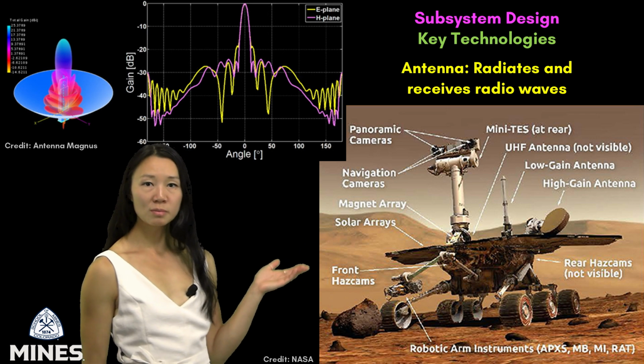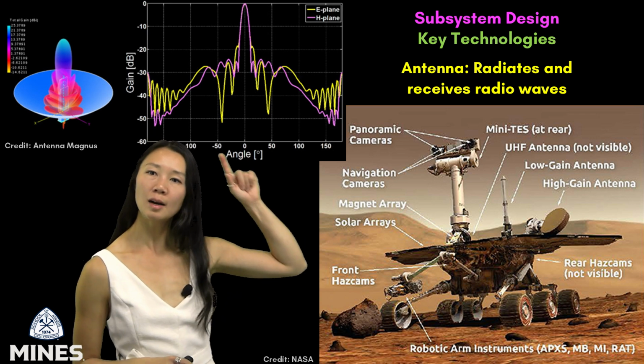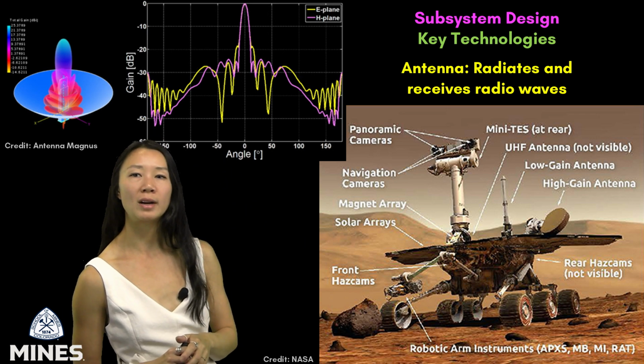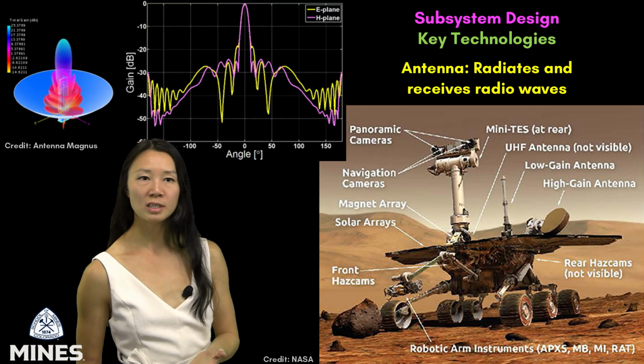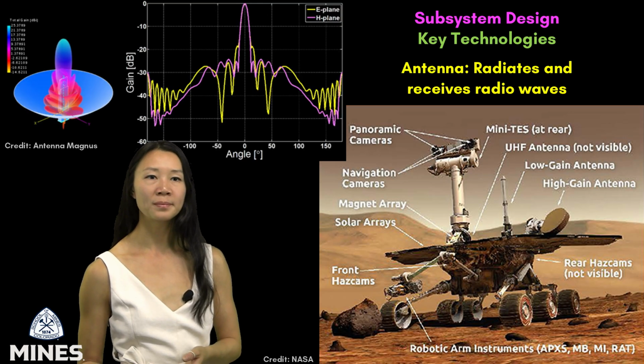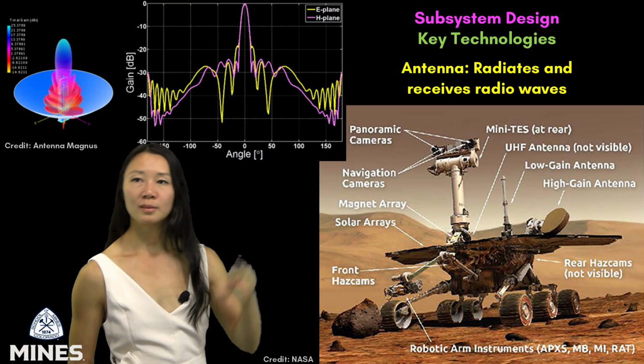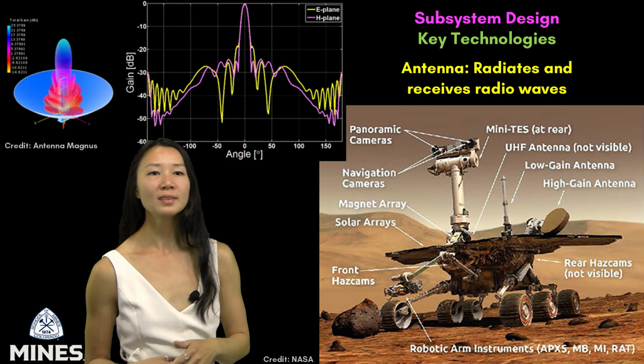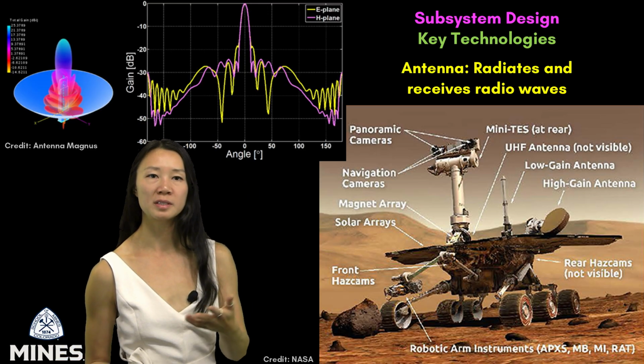Now, how do we choose which antenna to use? The top left diagram shows a radiation pattern, which illustrates how an antenna transmits or receives energy in different directions. This particular pattern, common for a parabolic dish, which can be seen here, demonstrates a highly focused beam.